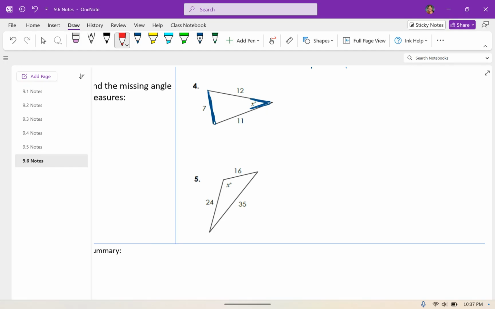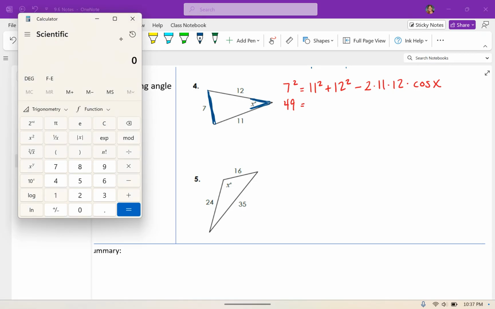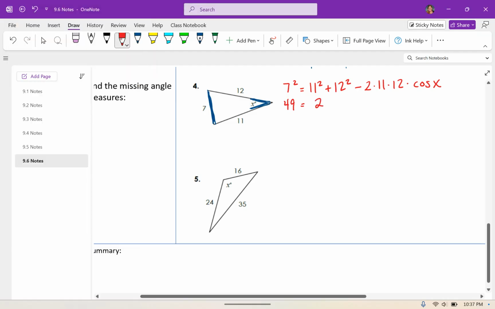We are going to set it up so that 7 squared equals 11 squared plus 12 squared minus 2 times 11 times 12 times cosine of x. Okay, so I know 7 squared is 49, 11 squared plus 12 squared equals 265.